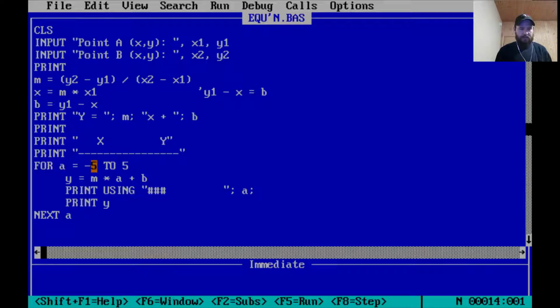So for a equals minus 5 to 5, just plug a into the formula and then print using, print the x and then print the y. Yep. A was my x, and then y is what the final equation, what the formula spits out. So there we go. Not a whole lot to say about that.